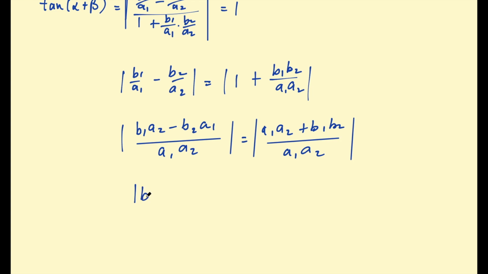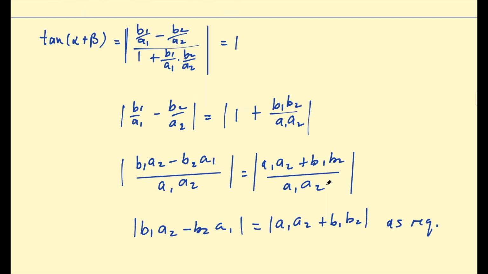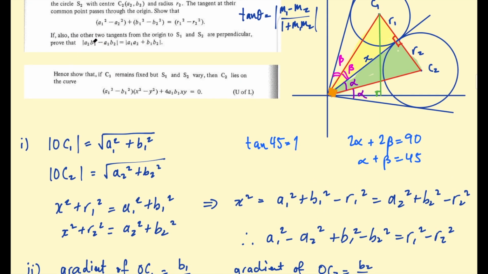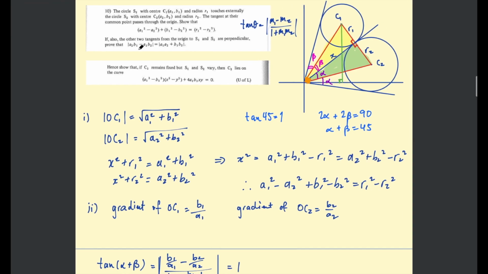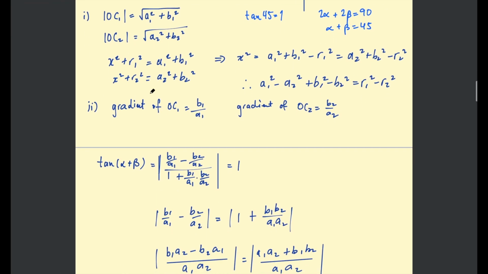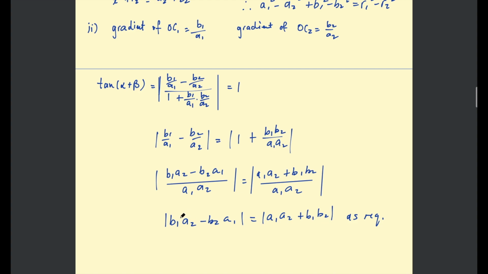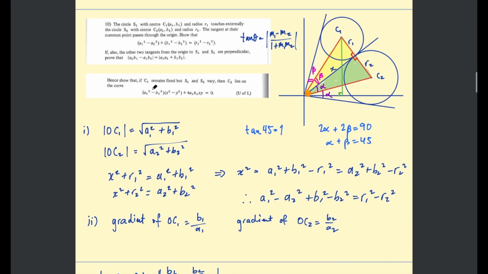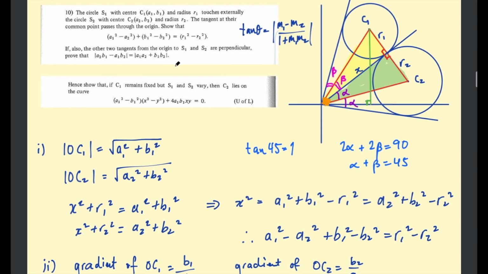So we have B1 A2 take B2 A1 equals A1 A2 plus B1 B2 as required. So that was the expression we were looking for here. I think I've just written them in a slightly different order. So B1 A2 take A1 B2 equals this. Okay, so that was the second part.